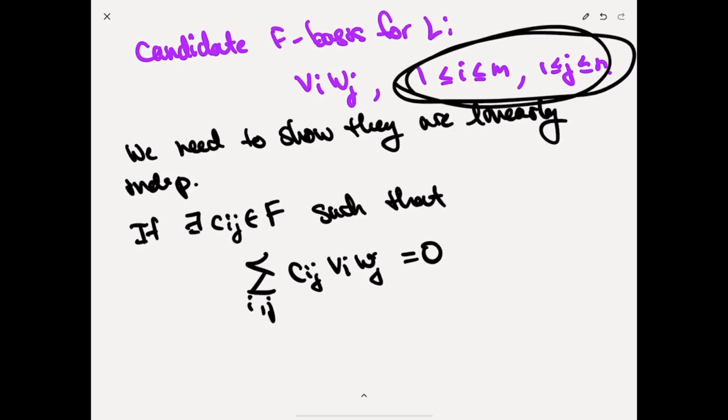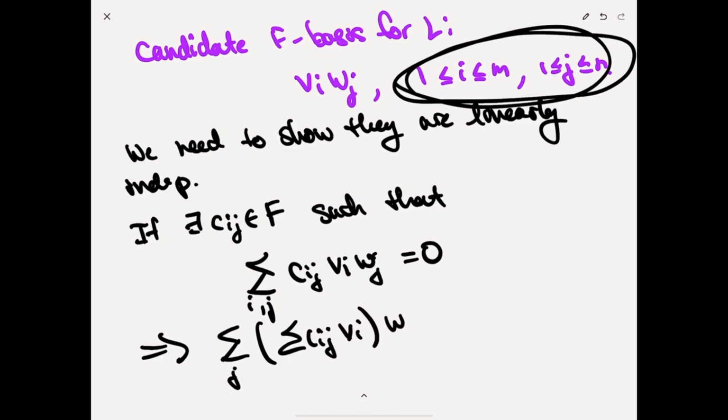So if this is 0, then we can sum over j's, and then sum over i's, Cij Vi Wj. So this is 0.